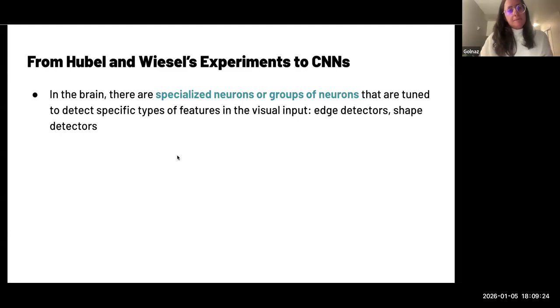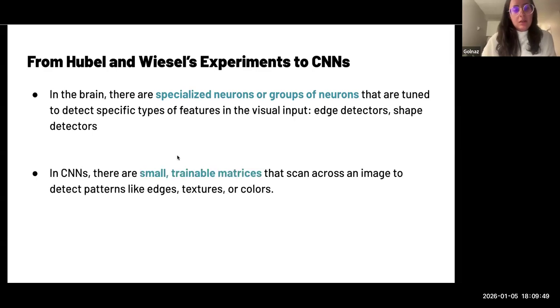So in the brain, there are specialized neurons and groups of neurons that are tuned to detect specific types of features in the visual input. So the question is, can we have the same thing, some computational process that is specialized, that is tuned to find particular patterns?